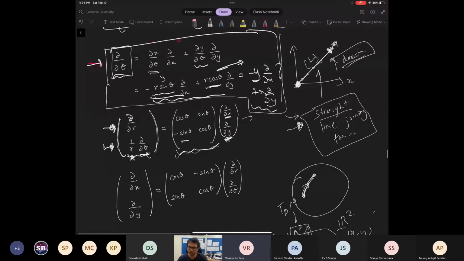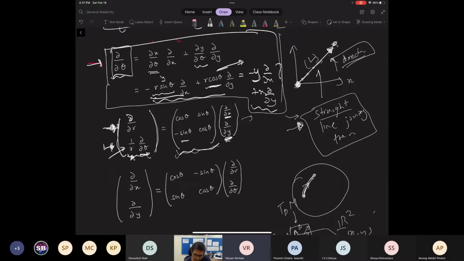So that's kind of comforting. Something like a rotation seems to be occurring, except what to make of this 1 by r? What to think about the magnitudes of these vectors, we'll discuss next, and that will only make sense when we introduce the idea of a metric.